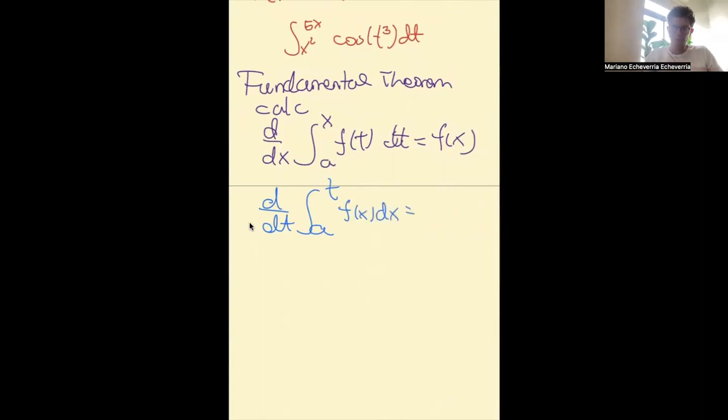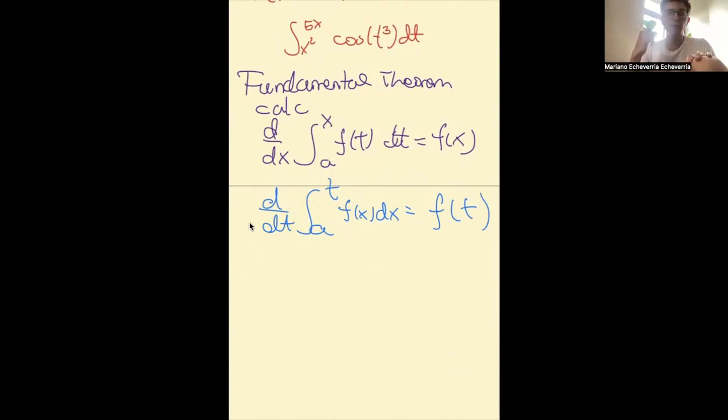But again, it's the same principle. When the derivative sees the integral, they go away, and you are just left with the upper bound, which you insert into the function. Is that making sense? That's how the fundamental theorem works when the upper bound just happens to be the variable itself. Okay. So that's the fundamental theorem in a nutshell.